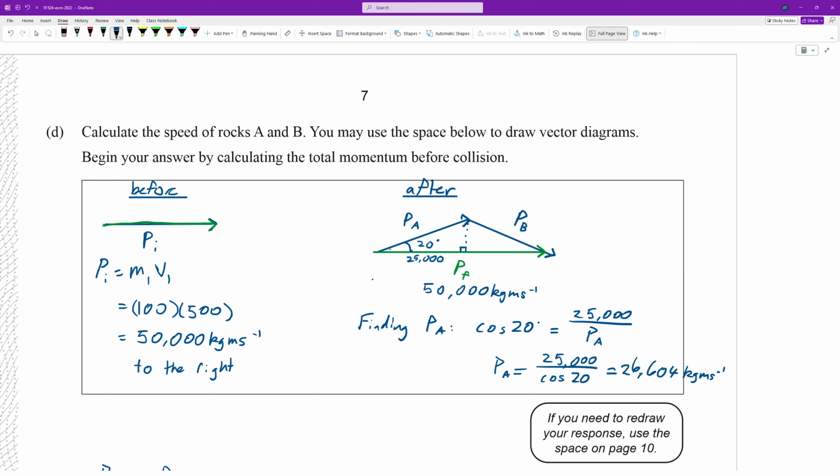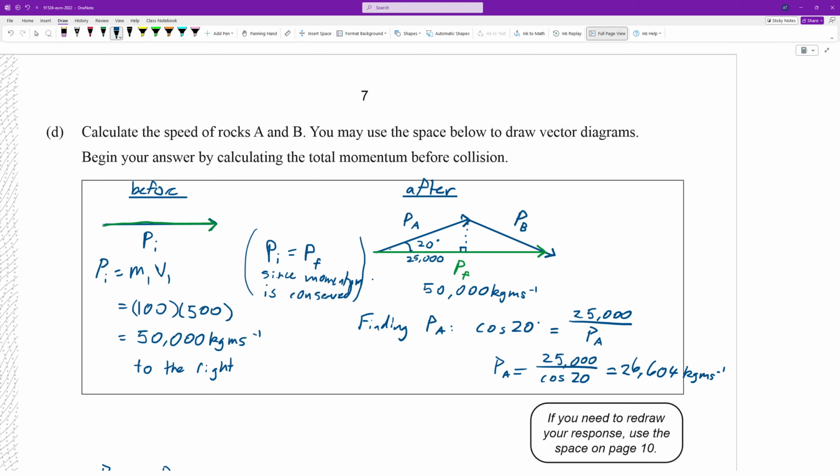What I didn't write here, which I definitely should have, is P_i equals P_f, since momentum is conserved. I implied it by writing PF as 50,000, but it is worth stating. So before the collision, we have an initial momentum. Since momentum is conserved, after the collision, PF, that green arrow, is the same size and the same direction. But that final momentum is made up of the vector sum of A and B.